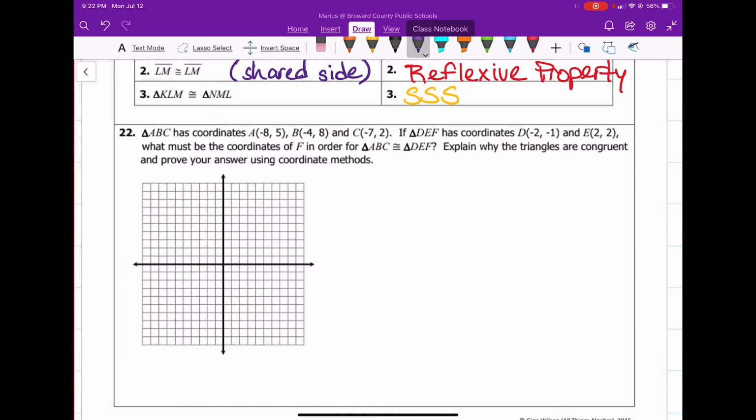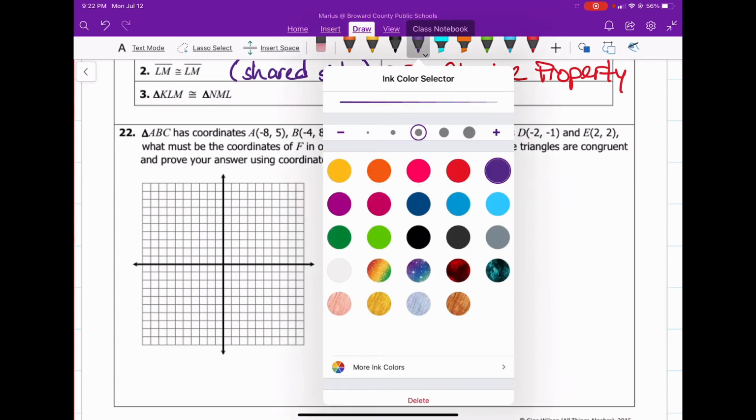Now, the first thing we're going to need to do for number 22 is plot triangle ABC. They gave us all the coordinates, so let's go ahead and plot it. For triangle ABC, I'll use purple.